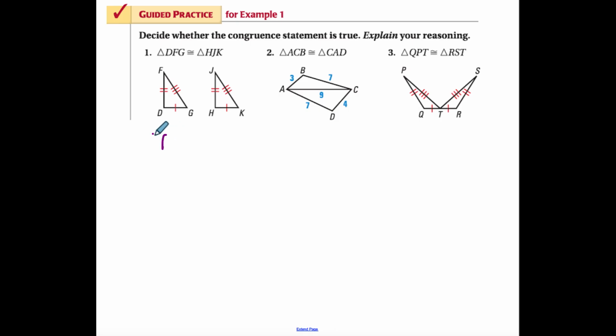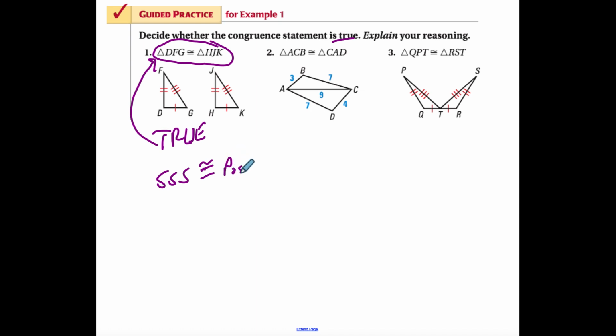And when I say it's a true statement, the congruency statement is what we're saying, whether or not it's true. This is true. And the reasoning is because of the side congruence. I guess you could use the symbol, right? Postulate. That's a postulate, isn't it?